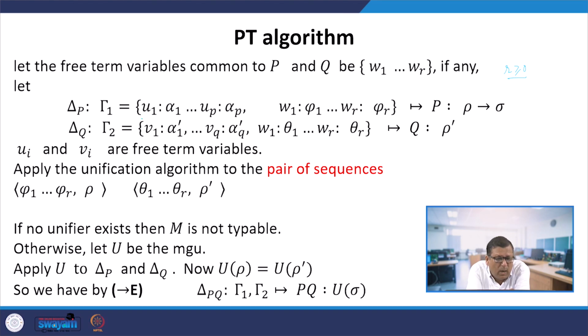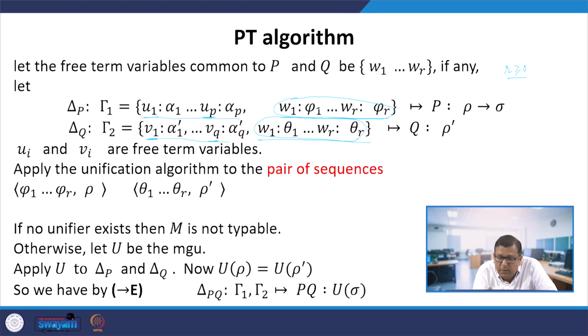So we have these U_i's in delta P, and in delta Q we have the V_i's, V1 to Vk. So these are the types that we have. The context then includes all the free term variables of P and the free term variables of Q, and among them these are the ones that are common to both P and Q. But then they need not have the same types.